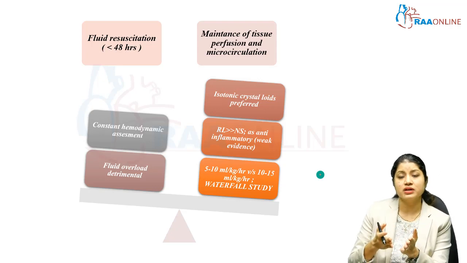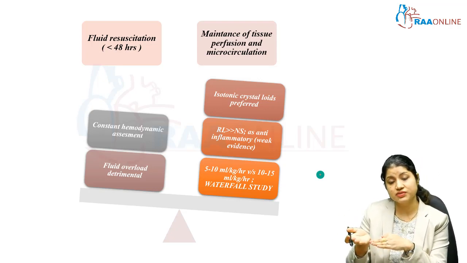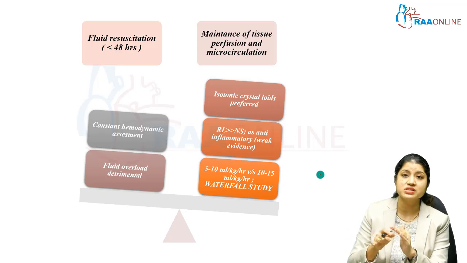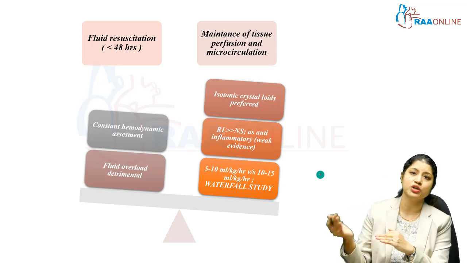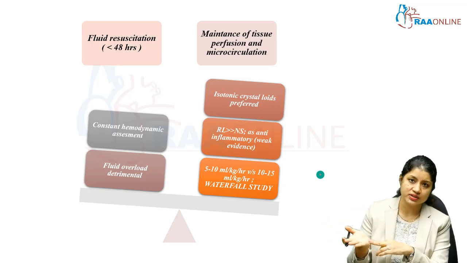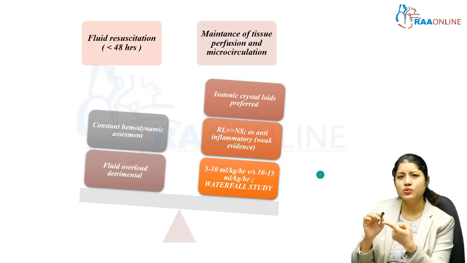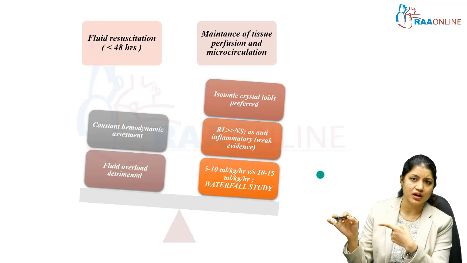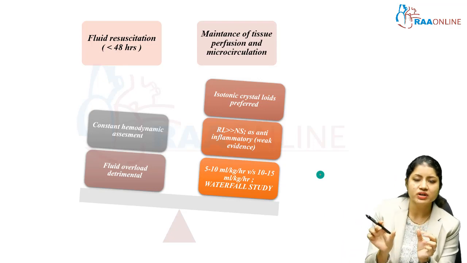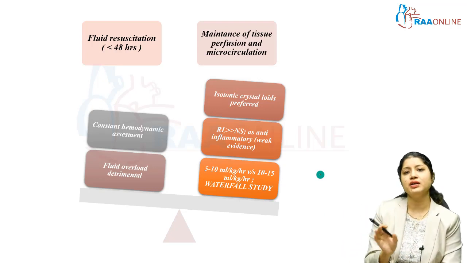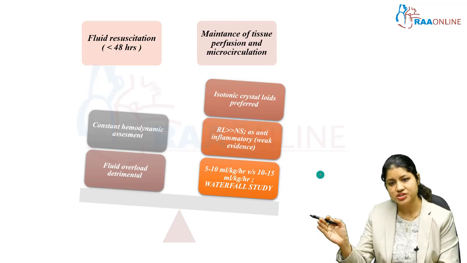In fact, this study was terminated because they found that high volume resuscitation is associated with mortality. So when it comes to pancreatitis, always at the dose of 5 to 10 ml per kg per hour, but this one range of 5 to 10 ml per kg per hour does not define every patient.